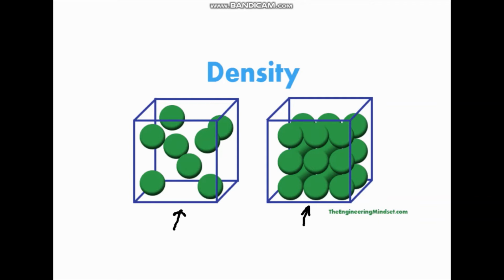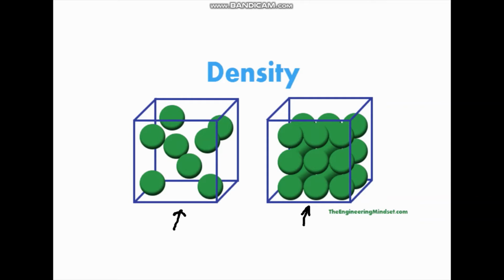Similarly, in any substance, the balls that you placed are similar to the particles. If the number of particles is less, it is called lower density. Distributions like this are called rarely distributed particles. Rarely means there is distance between them.